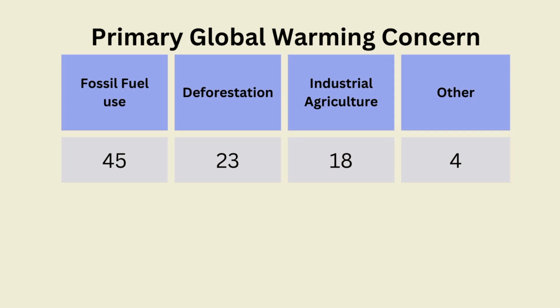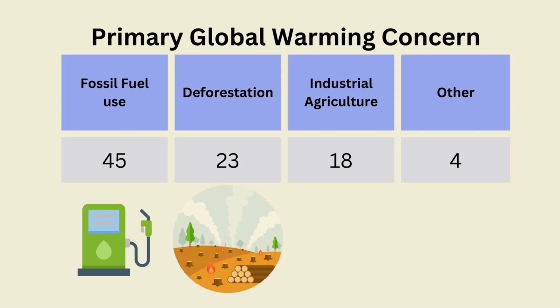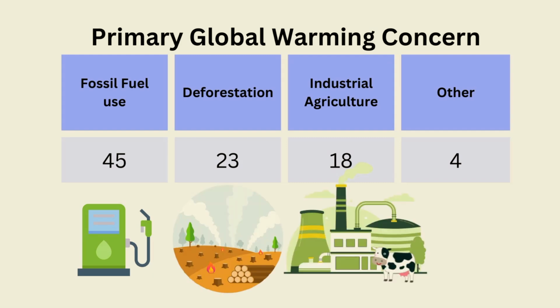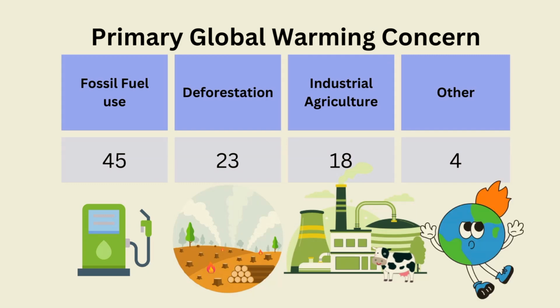For example, if 45 students are concerned about fossil fuel consumption, 23 about deforestation, and 18 about industrial agriculture, and 4 have some other primary concern, our table would look like this. Pretty straightforward, right? But wait, there's more.